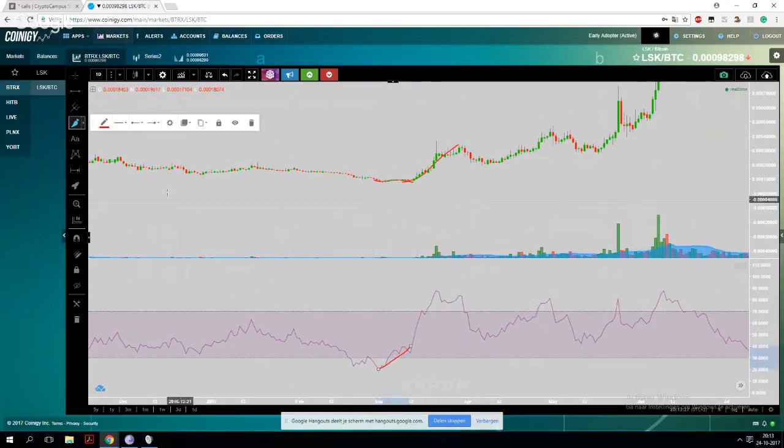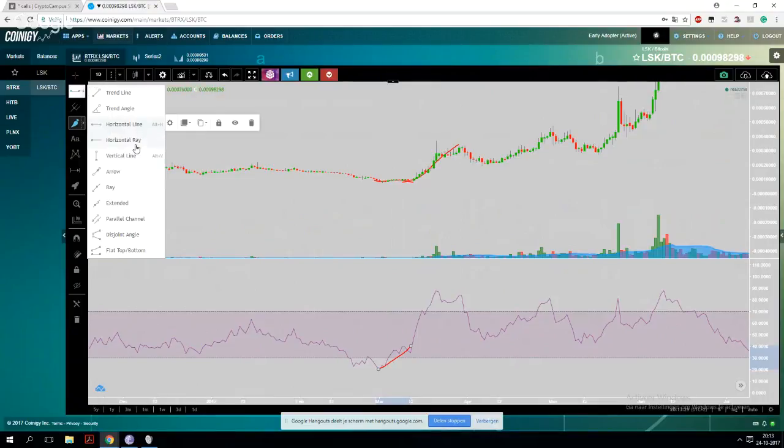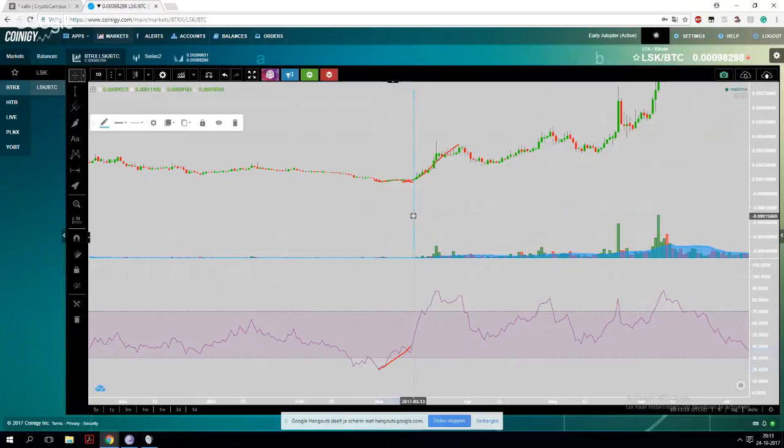So right here, let me just make a vertical line. Right here, before the price shot into the sky, the relative strength index started moving upwards, the price stayed behind, and this is what we call a divergence, when the indicator is moving in the opposite direction of the price.